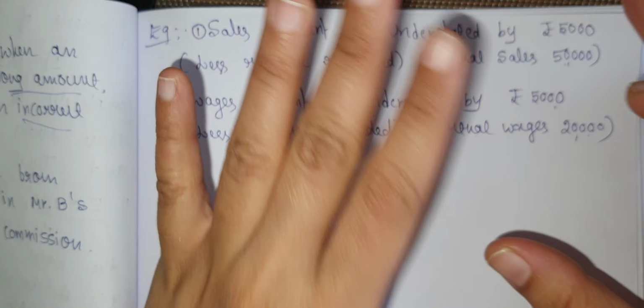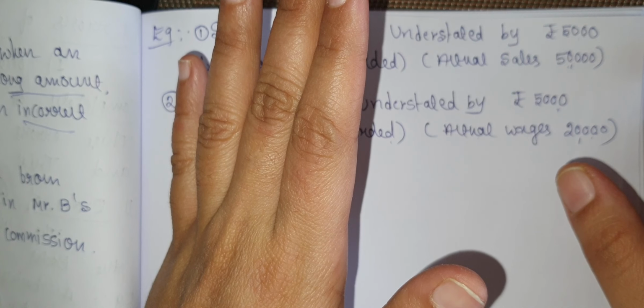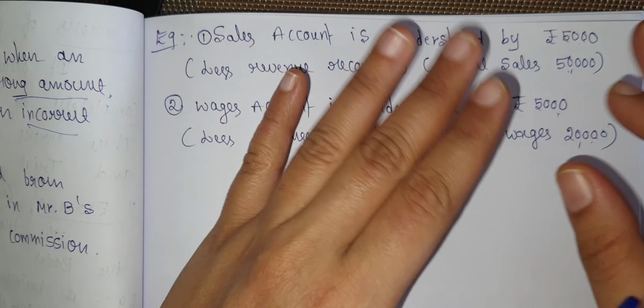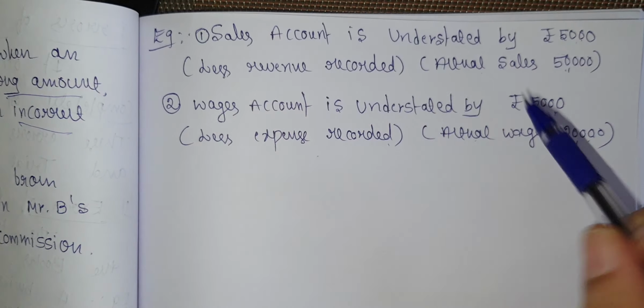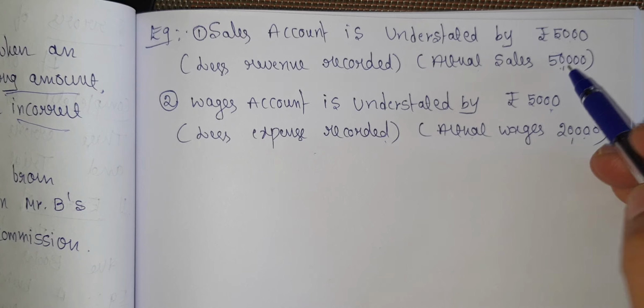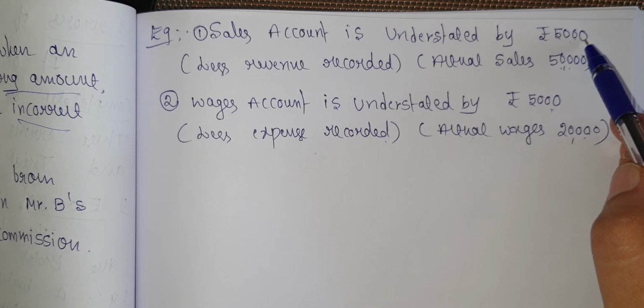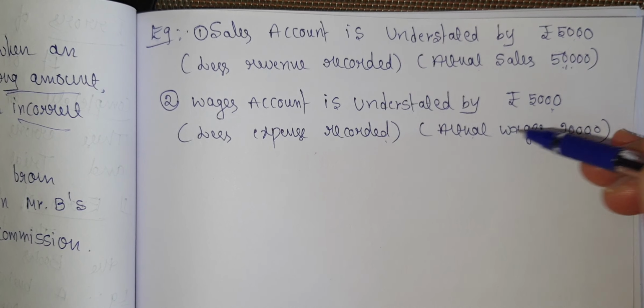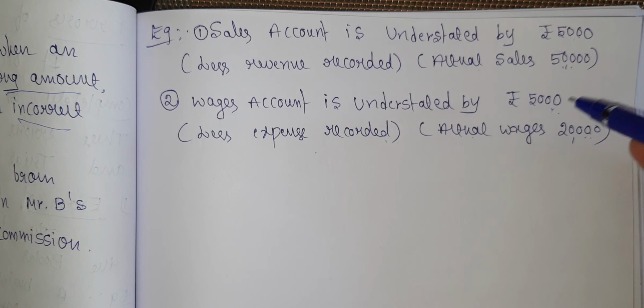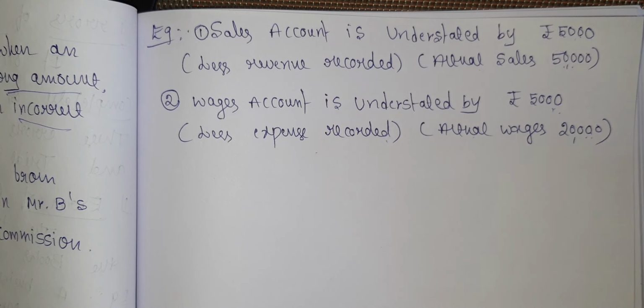So the trial balance remains balanced, but it is still incorrect, because the sales account is understated and the wages account is also understated. Our actual sales is rupees 50,000 but they recorded rupees 45,000, and actual wages are rupees 20,000 but they recorded rupees 15,000.